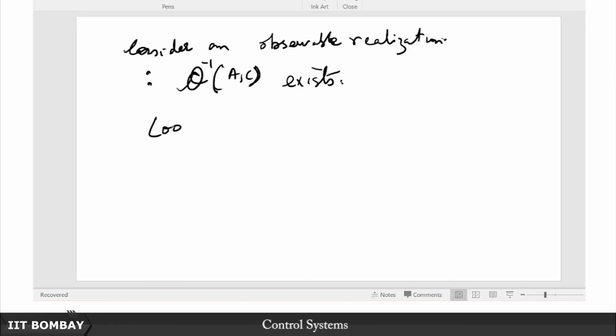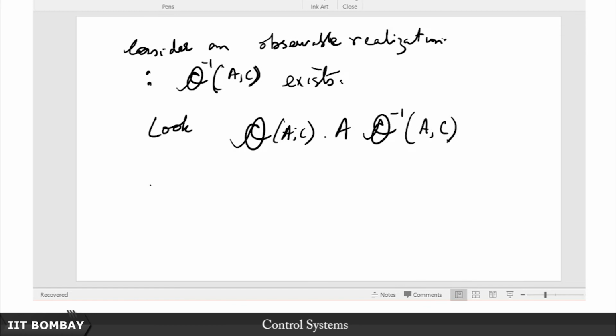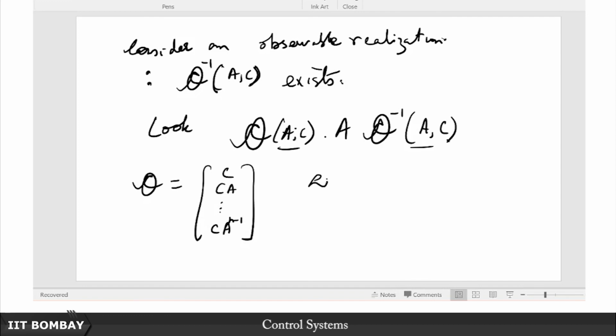Now look at O A C times A times O inverse A C. Note that O is equal to C, CA, dot dot dot, till CA to the power n minus 1, and let O inverse be equal to some P1, P2, dot dot dot, till Pn.